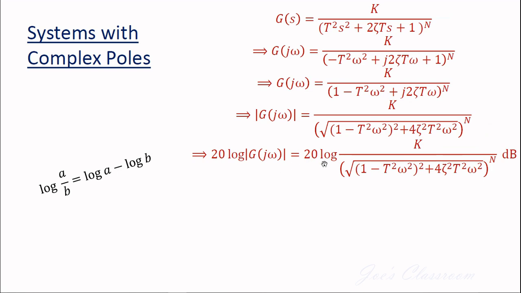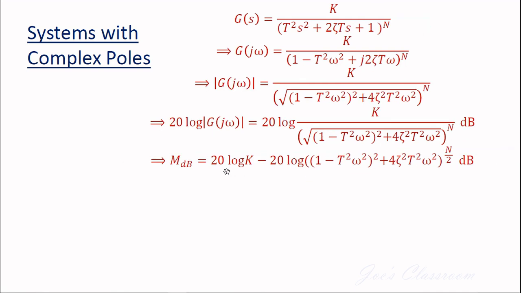And this is of the form log of a by b, and log of a by b is given by log a minus log b. If I apply this, this is what I will be getting. So 20 log of this minus 20 log of this entire term, and here I have combined the whole power, the square root 1 by 2 and n as n by 2.